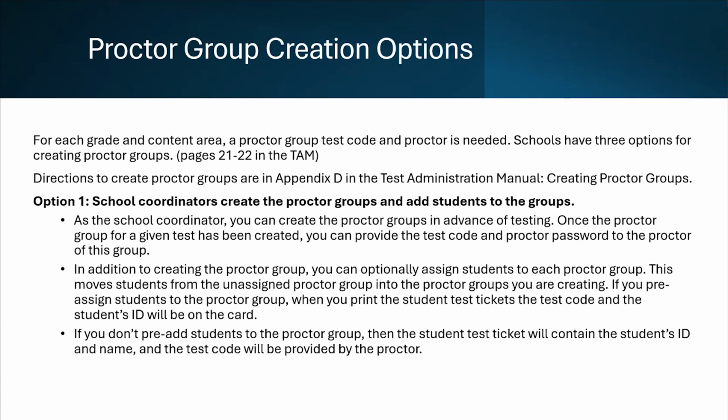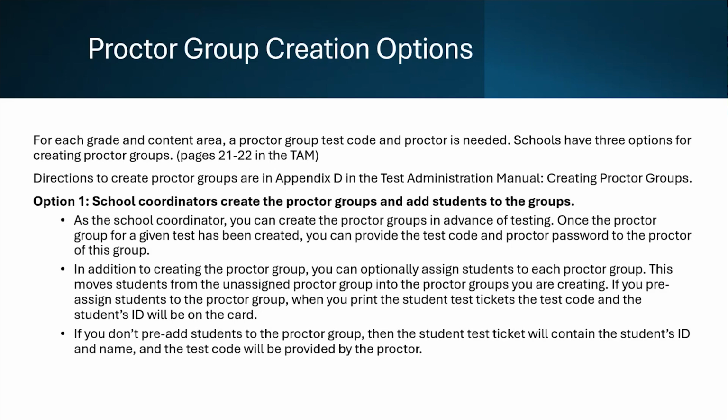The first scenario would be the school coordinator creating these proctor groups ahead of time, adding students to the proctor groups, and then distributing the proctor password and test code to the proctors to go in and proctor the test. In this case, if you pre-populate the groups with students, when you print the test tickets after that, the test code should show up on the test ticket.